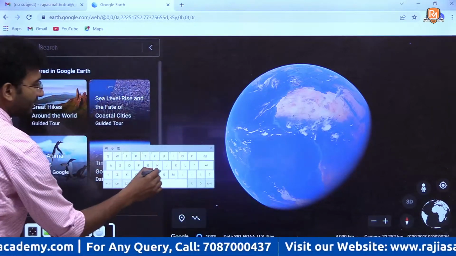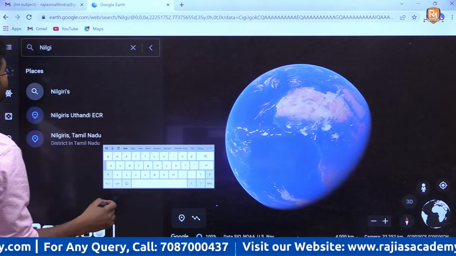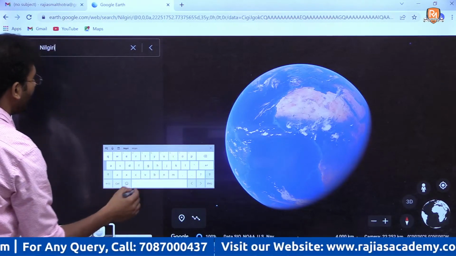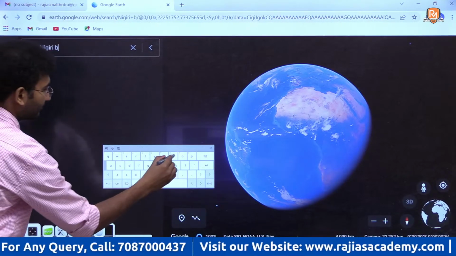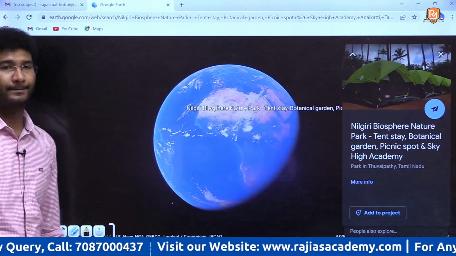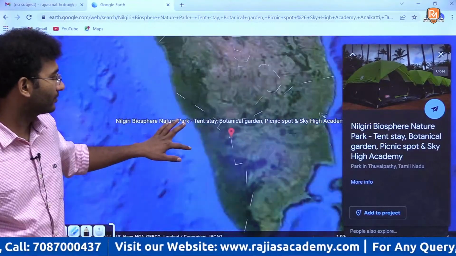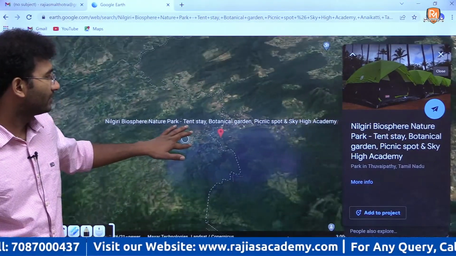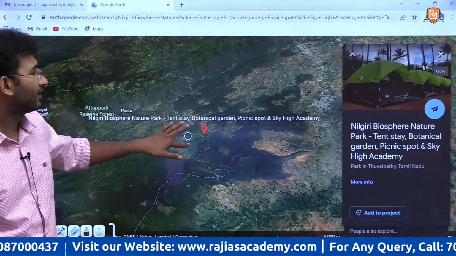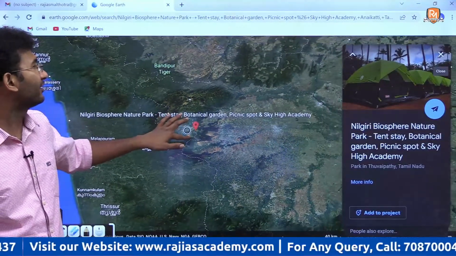In the Nilgiri Biosphere Reserve, there are 5 national parks. If you know those national parks, please comment in the comment section. See, this is Nilgiri Biosphere Reserve, and it is located in a trijunctional area.